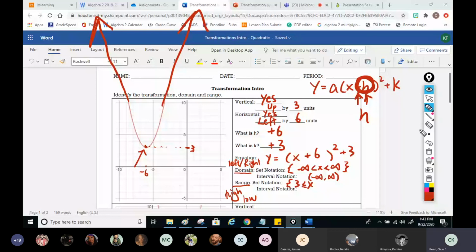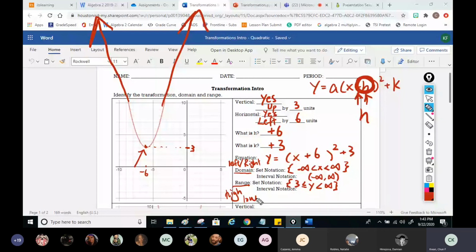All right, I'll double check. The y, and then less than, and then how high is it going to go? It will go as high as positive infinity. That would be your set notation. What about the interval notation?